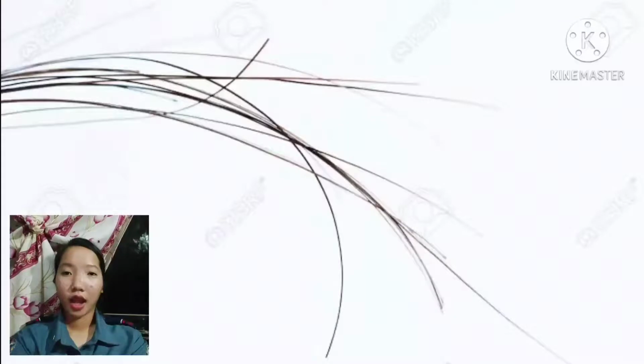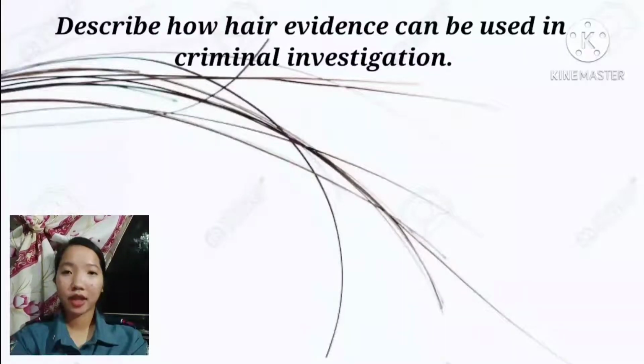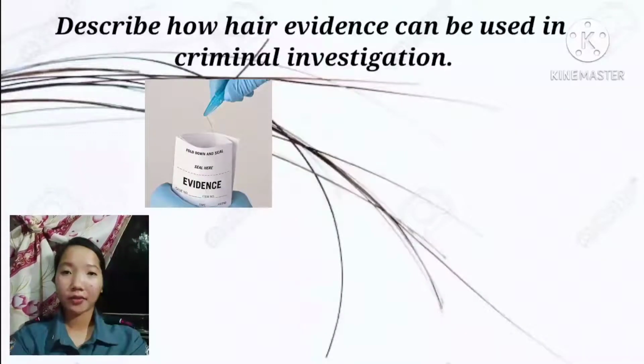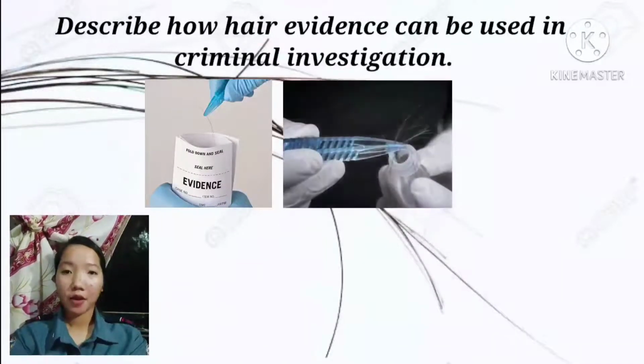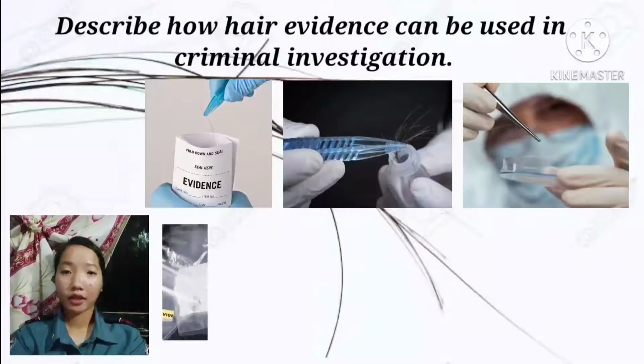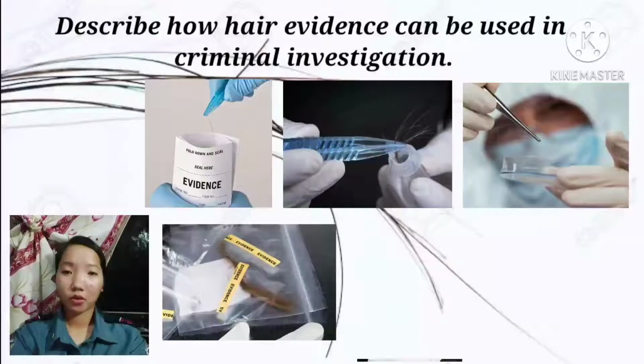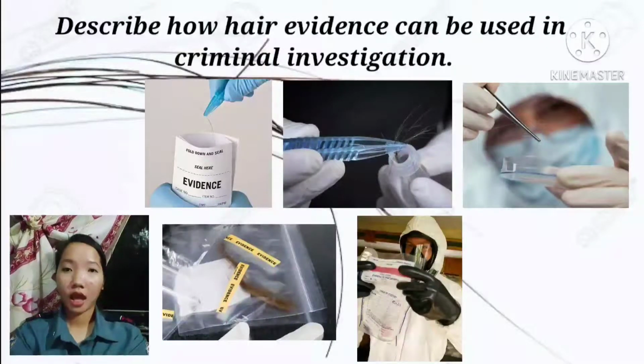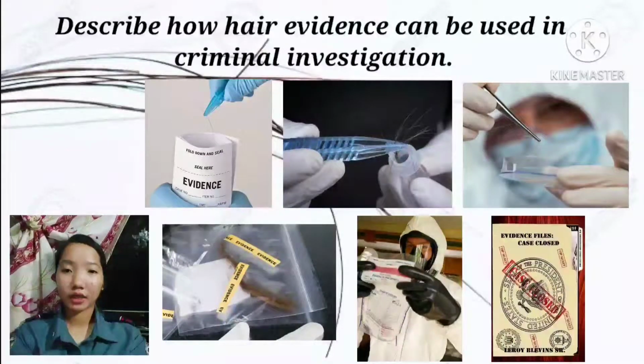And for how hair evidence helps in criminal investigation, hair evidence can provide information about the race of the individual. It can also show if the hair has been chemically treated or it has been cut or pulled out in a certain way.